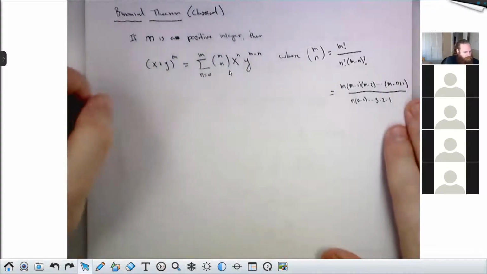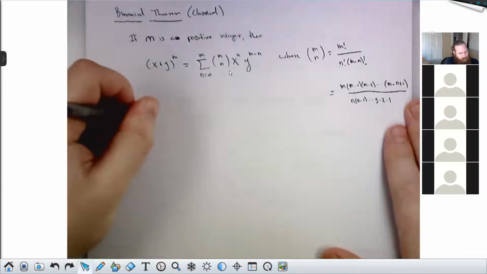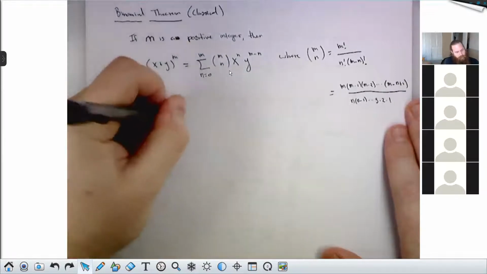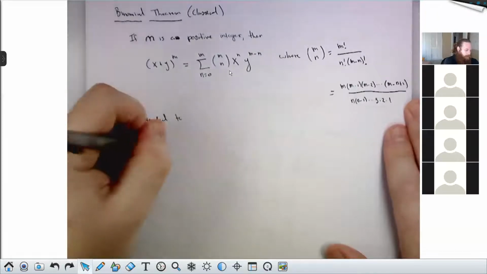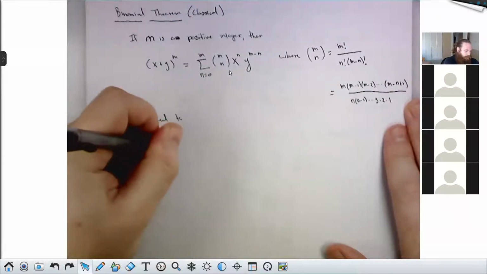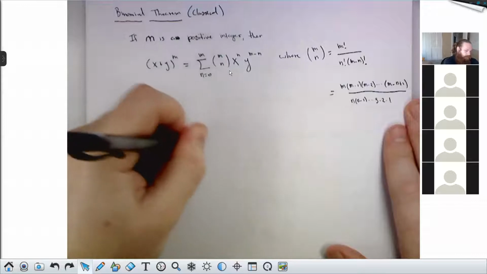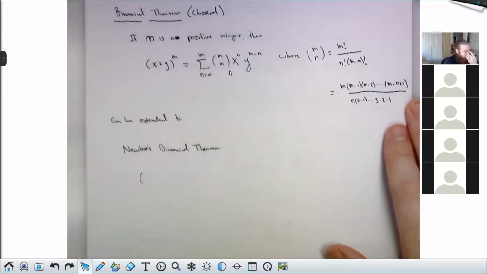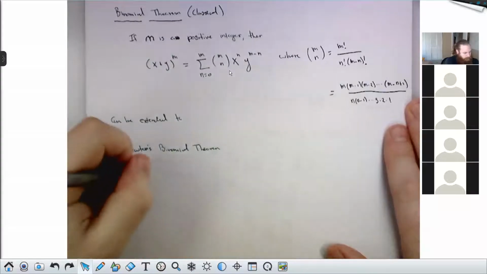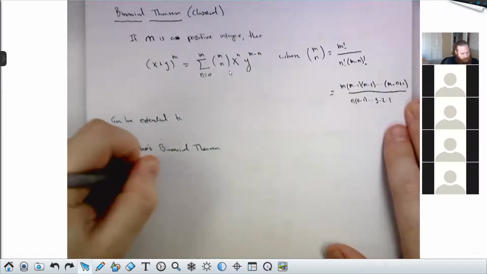This can be extended to what's called Newton's binomial theorem. Now, I think the way your textbook gives this is like this. It's x plus 1.